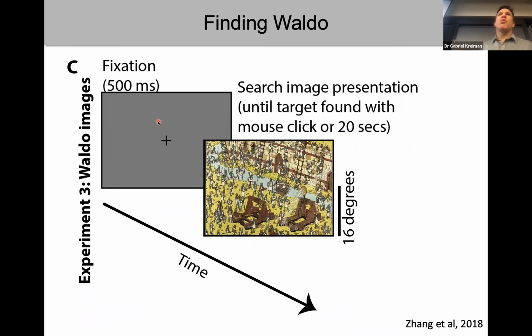But we were particularly intrigued by these return fixations, by the fact that subjects often go back to visiting locations that they have seen already. We were intrigued because we thought at first that this was a little bit odd, a little bit inefficient.